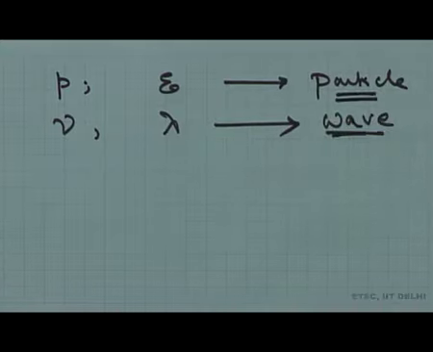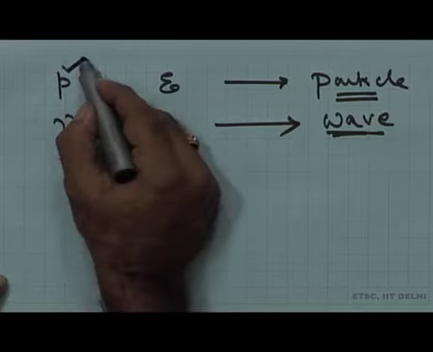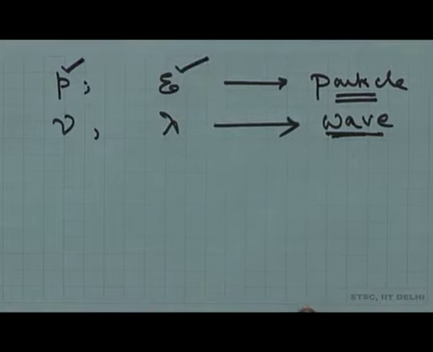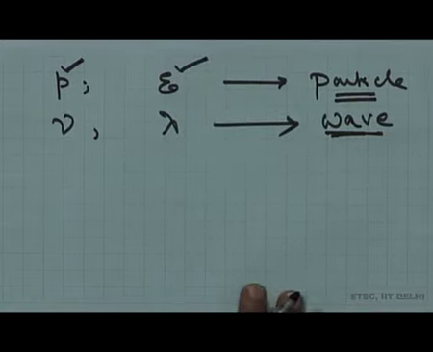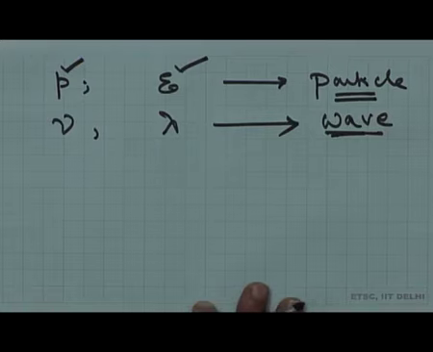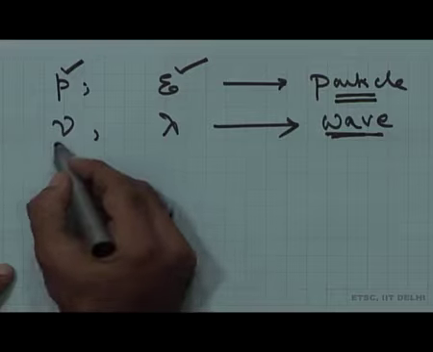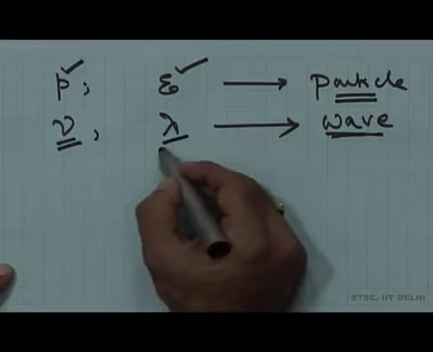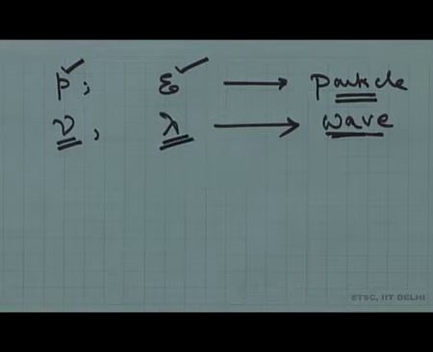So for the same entity, let me call it an entity, electron in this particular case, when I look upon it as a particle, I am associating a momentum and an energy which is given by Newton, because these are essentially non-relativistic particles. Their velocities are very small compared to the speed of light. But when I am looking at it from the viewpoint of the so-called quantum picture, the old quantum theory, I am associating a frequency nu and a wavelength with them.